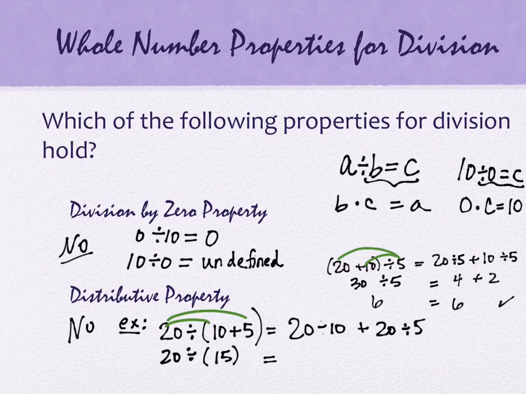But on the right-hand side we do get a whole number: 20 divided by 10 is 2, and 20 divided by 5 is 4, so I get 6. Whatever is happening on the left-hand side is not inside the whole number system any longer. In particular, it's 20/15ths, which reduces to 4/3. So 4/3 is not the same as 6.